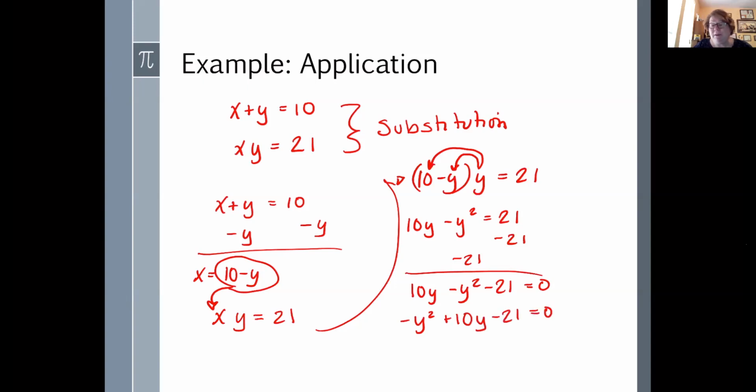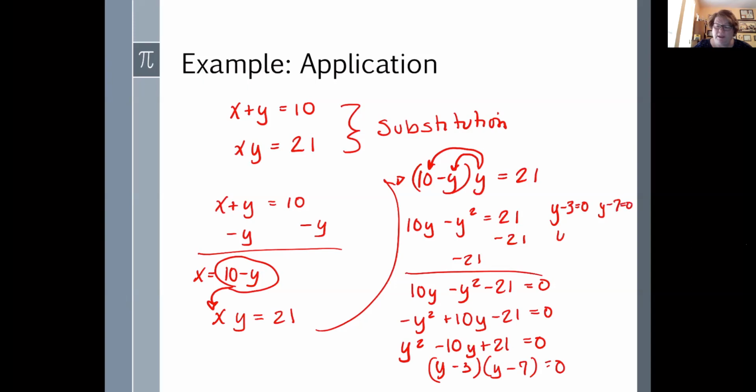And then I would multiply both sides by -1, and it's just going to make it easier for me to factor. So just change the sign of everything. And it looks to me that this factors y minus 3, y minus 7. So if I set each factor equal to 0, y minus 3 equals 0 and y minus 7 equals 0, it looks like y is 3 or y is 7.